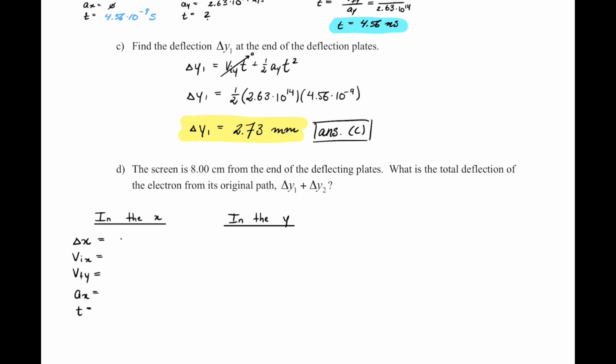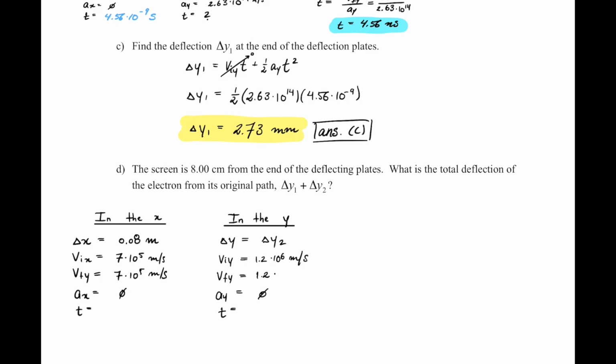Now that it's no longer in the electric field, the electron will no longer experience an acceleration, either in the x direction or in the y direction. As such, its final velocities, both in the x and in the y directions, when it reaches the end of the parallel plates, will remain constant until it hits the screen.